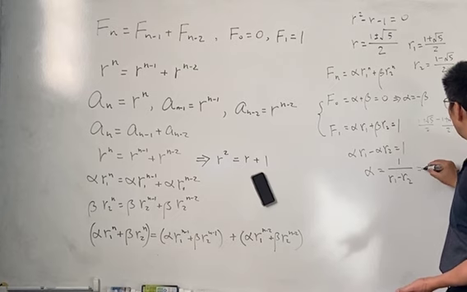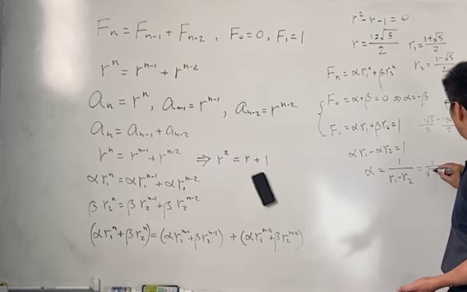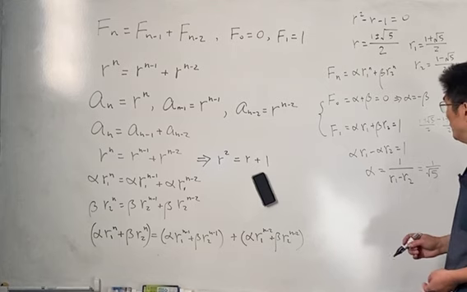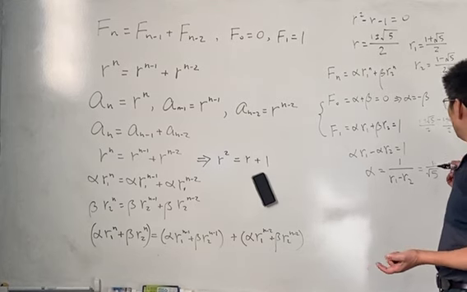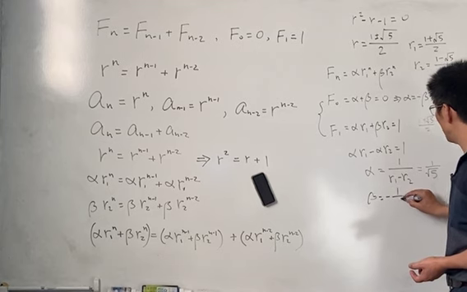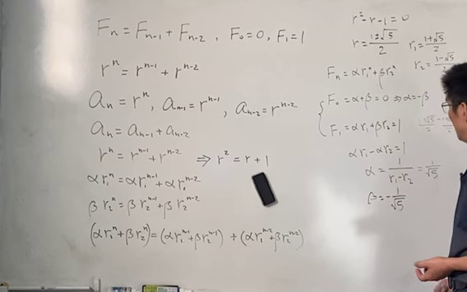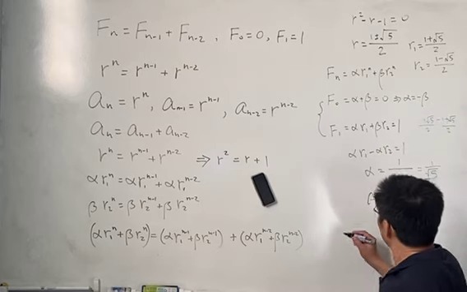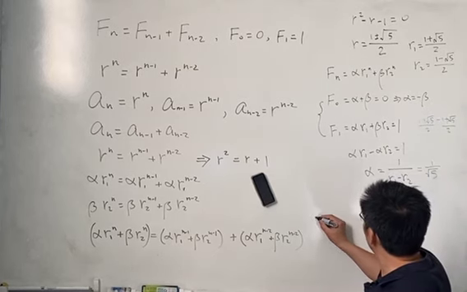So alpha is 1 over square root of 5. And beta is just negative 1 over square root of 5. So we have alpha and beta, and we know everything now.